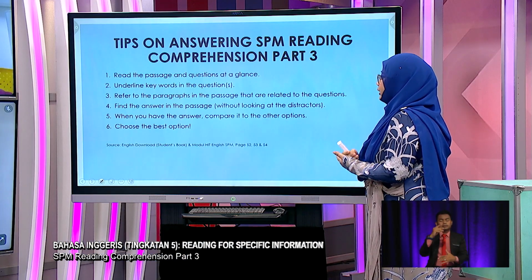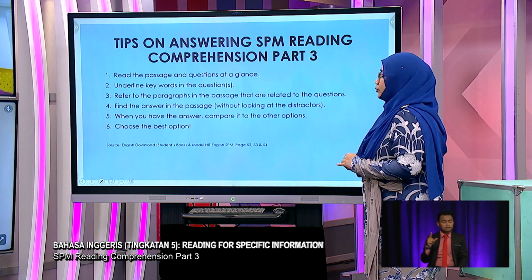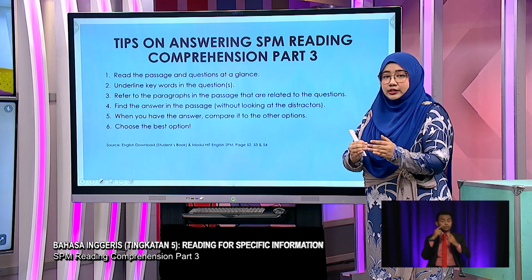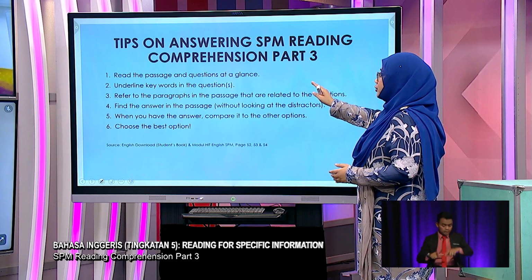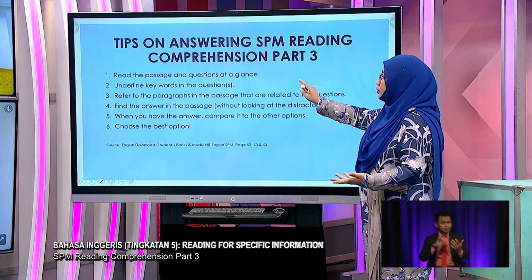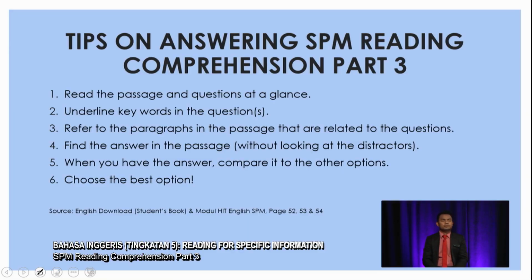Okay, these are very useful tips on answering SPM reading comprehension part 3. And we can look at it from a step-by-step perspective. Okay, so first, when you've got reading comprehension part 3, you read the passage and questions at a glance. At a glance meaning you read it once and then you get the main idea. Number 2, underline keywords in the questions.